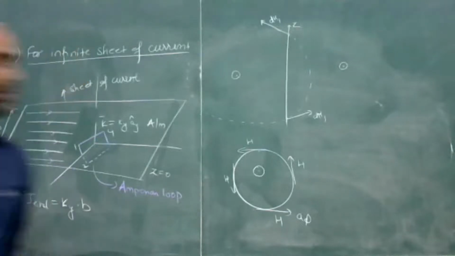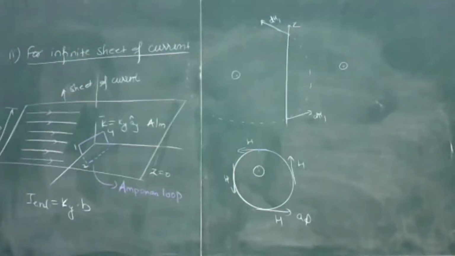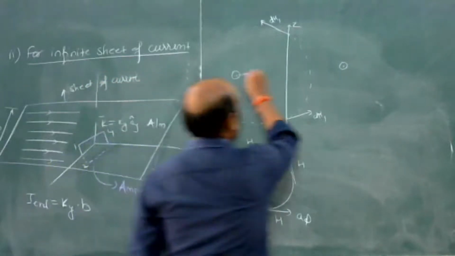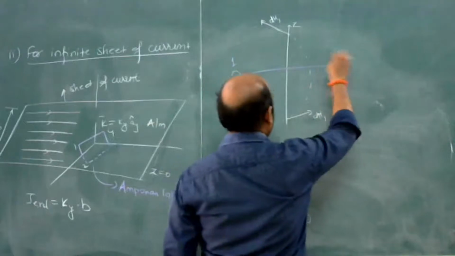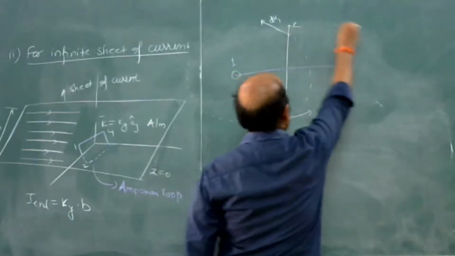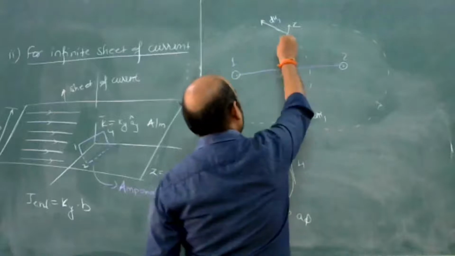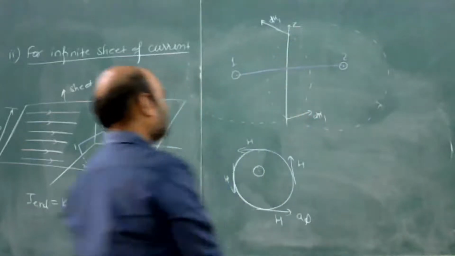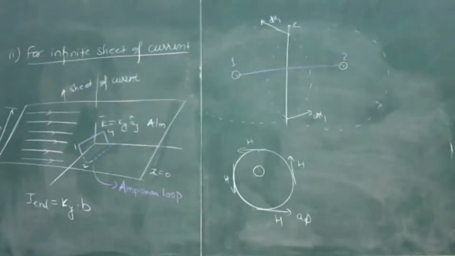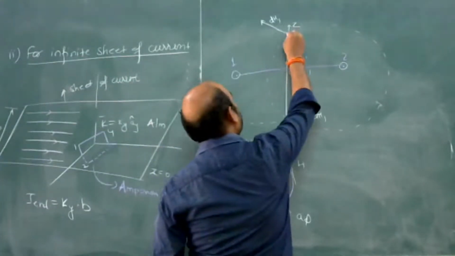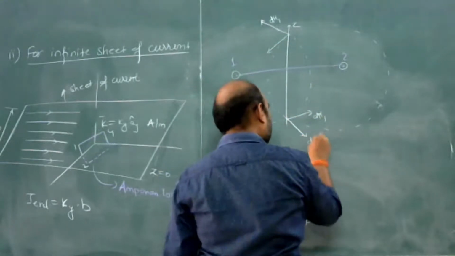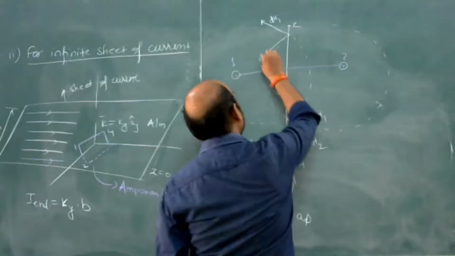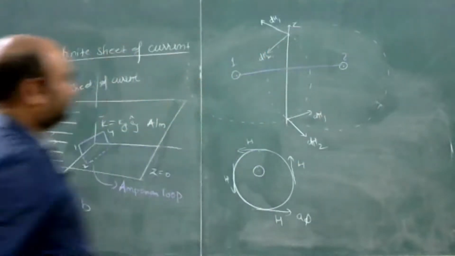And if we consider the second conductor, let this be 1 and this be 2. For this, again there will be a circle like this, and it will be tangential like this, with DH.